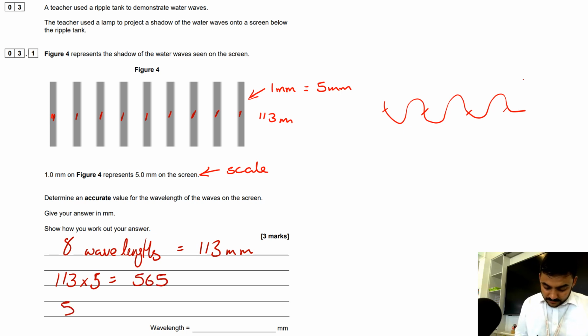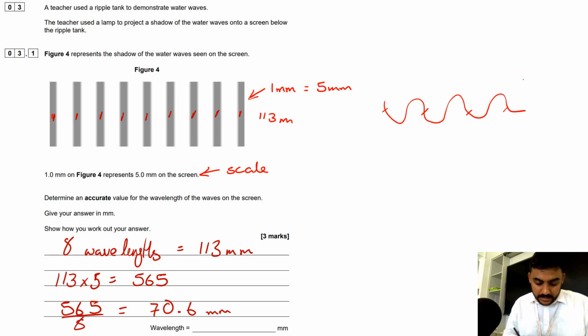And 565 is the distance of all 8 waves on the screen, divided by 8 gets you the distance of one wave, which happens to be 70 point something 6 millimeters.